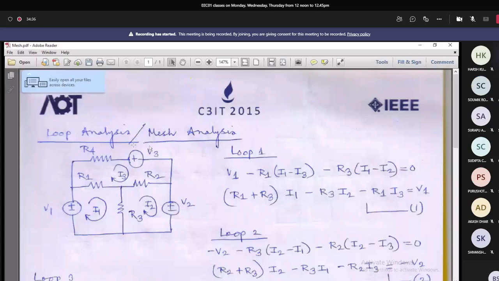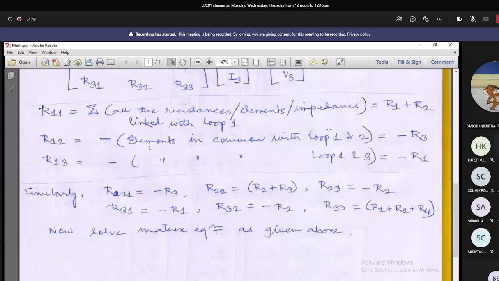I told you I'll share it. So this is how it is properly written, all the loop equations and this matrix equation, how we can get these things which I have explained. So this is solved here. I am not going through it again.